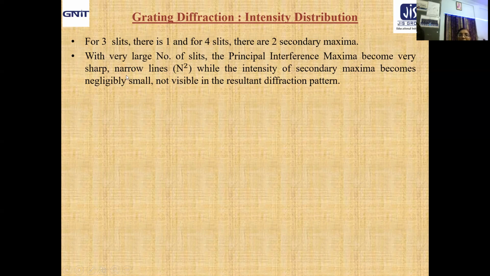If maximum light is contained within the principal interference maxima, then negligible light is remaining for the secondary maxima. If n is very large, the intensity of secondary maxima will be so small that they will not be visible in the resultant diffraction pattern. When you do the grating experiment in the physics lab, you will verify this statement.